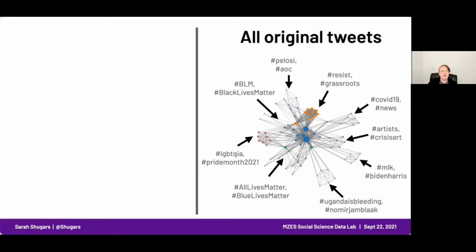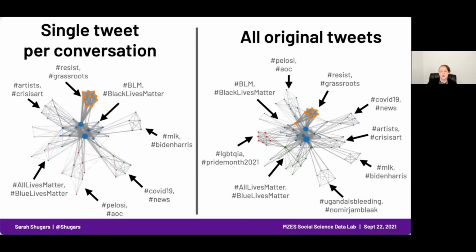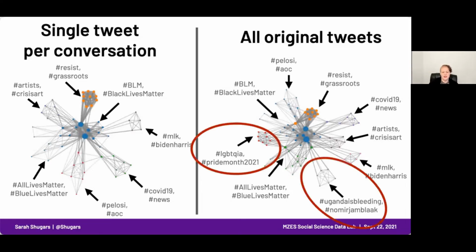Then we can create a similar network where we restrict our corpus to only a single tweet from each conversation. Basically we go through the tweets, and if we see a tweet that has a conversation ID that we've already seen, we just ignore that new tweet. What we see when we do this is that whole topics of discussion seem to disappear from the single tweet per conversation version of the network.